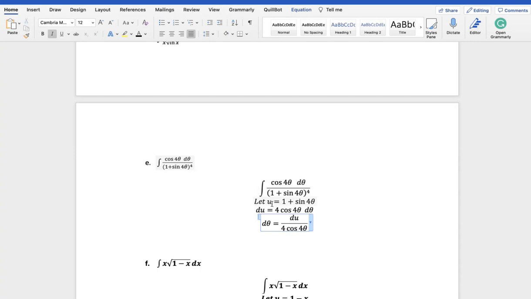Then you can take this back into the original integral. Since you have that du is equal to 4 cos 4 theta d theta, this now can be replaced by du over 4.